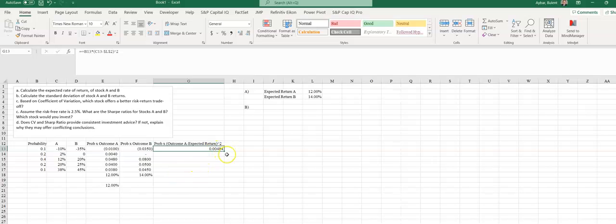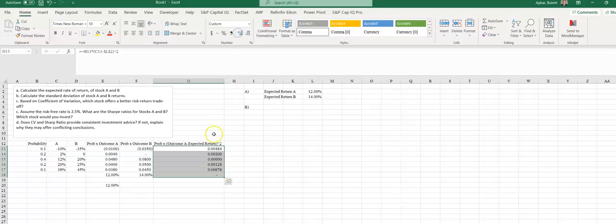And I would like to do one more thing. Let's copy this through. If you copy this through, you will get all of the squared deviations from the expected outcome times probabilities. Let's do four decimals in here.